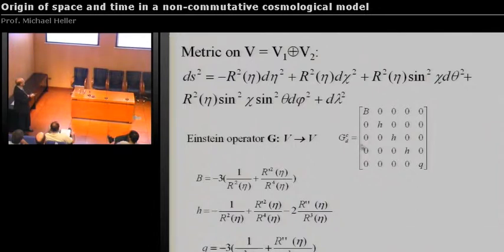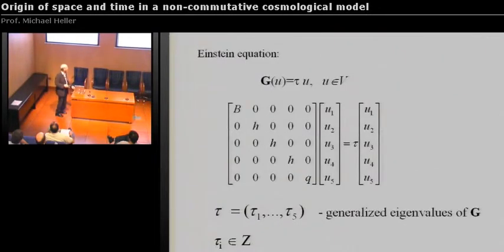So it is similar to quantum mechanics. This is the Einstein operator, and this is the eigenvalue equation. There are vectors, the vector fields, derivations, and this tau is the generalized eigenvalues. Generalized because usually eigenvalues are scalars, and in our case they are functions.